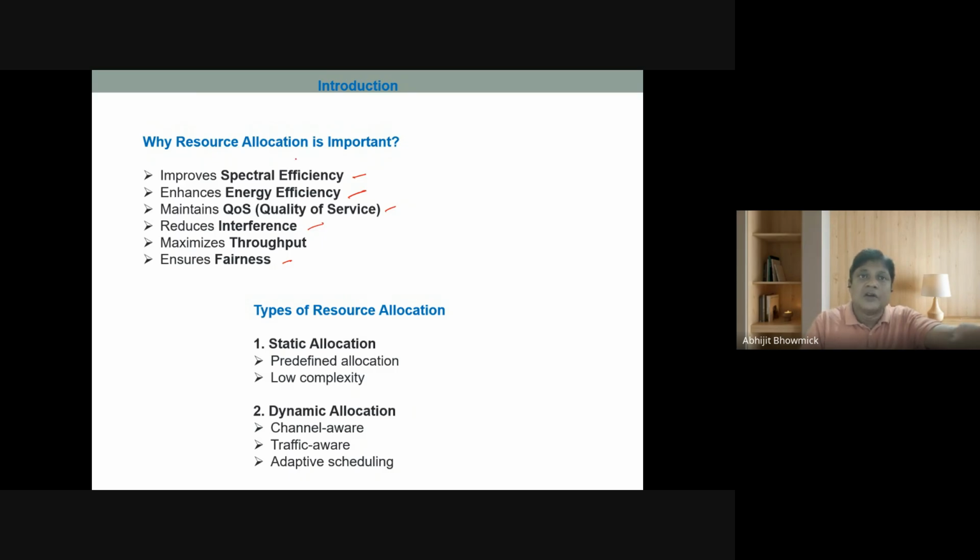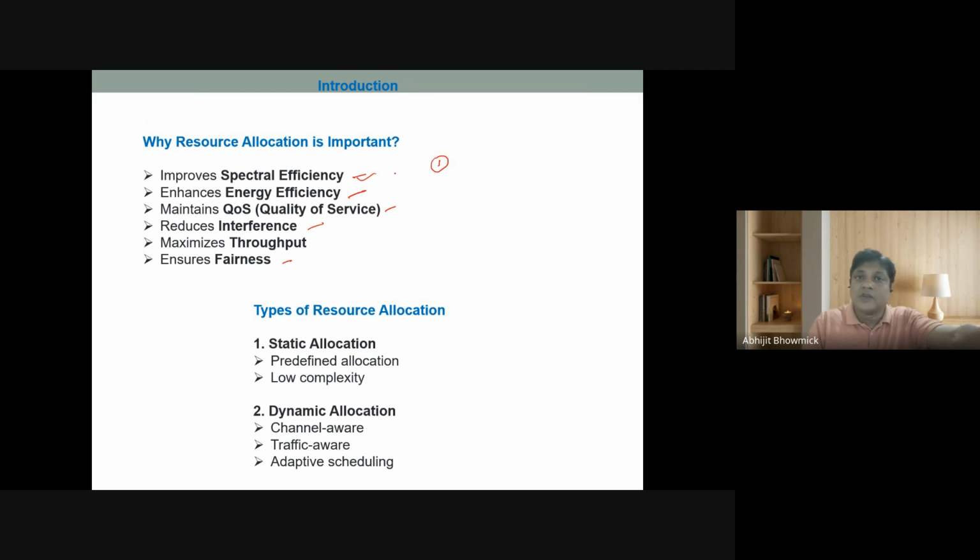That means there is a spectrum allocation. From a cognitive radio point of view, these primary bands are underutilized since they are vacant. The secondary user band, which is already congested, opportunistically uses that band. That will increase the spectral efficiency.